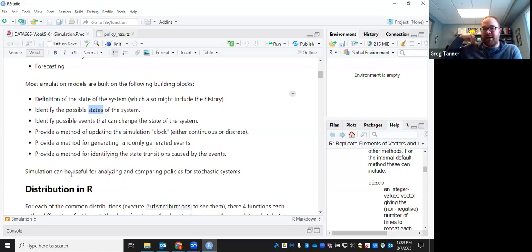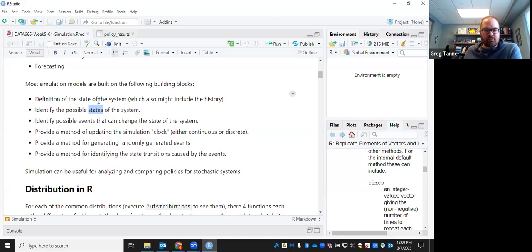So you maybe have some design choices over the system, you set the design decisions, then you simulate what's going to happen, and you loop through the different possible design decisions, and each time run a simulation to see what will happen. That can help you pick out the best design decisions or policies for that stochastic system. We'll see an example of a simulation where we're going to do that.